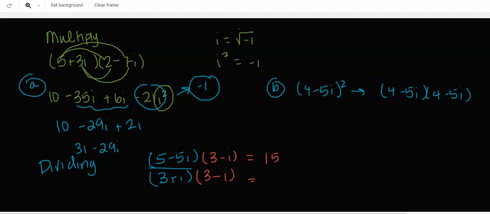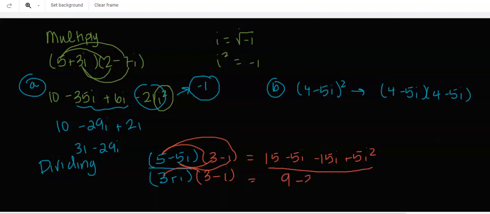I distribute the 5: 15 minus 5i. I distribute the negative 5i: negative 15i plus 5i squared. So there's that negative 1 coming into play. Over 9, I distribute the 3: 9 minus 3i, and I distribute the i: plus 3i minus i squared.